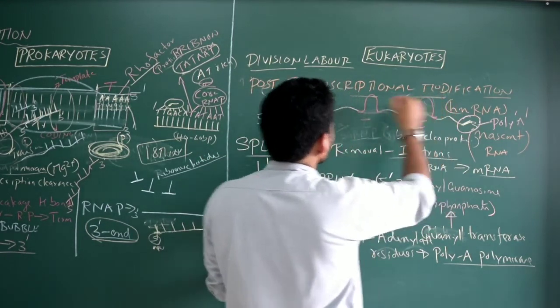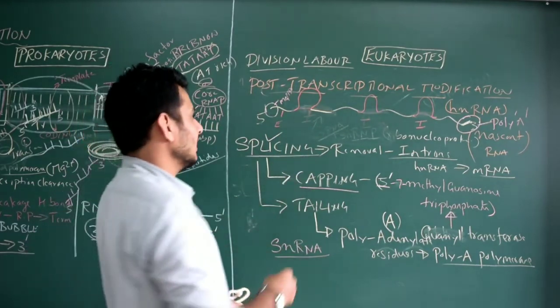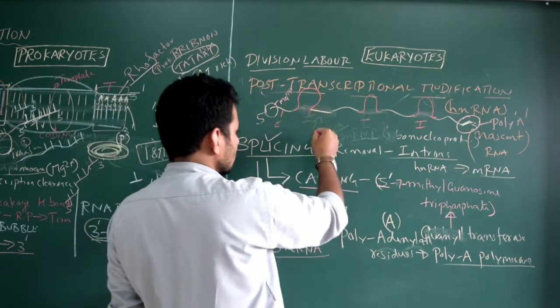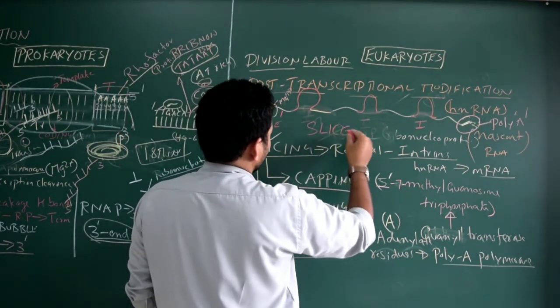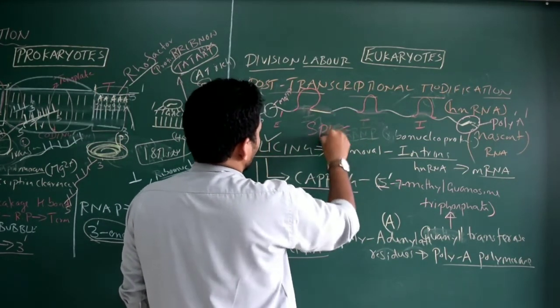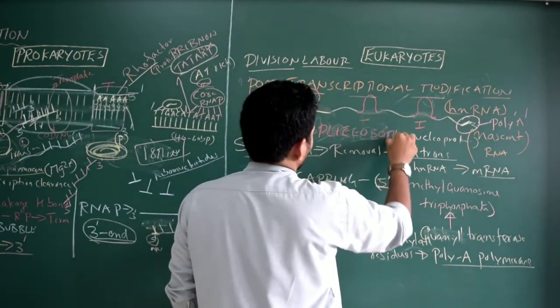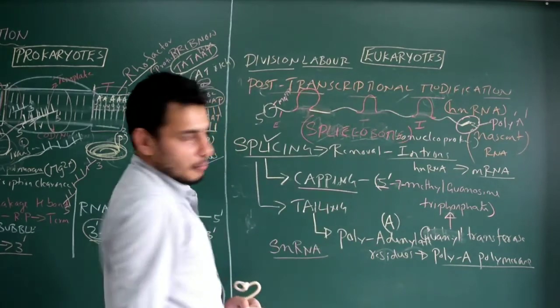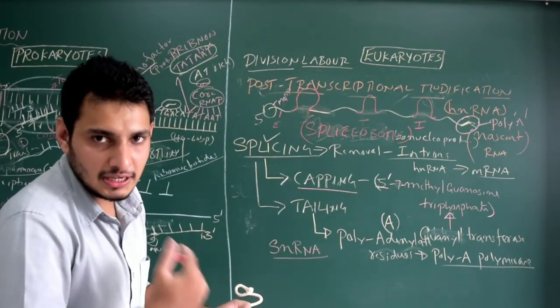This process conducted by snRNA and snRNP in the hnRNA to remove the introns is called splicing, and the body is the spliceosome. Spliceosome means the removal of introns from the hnRNA.